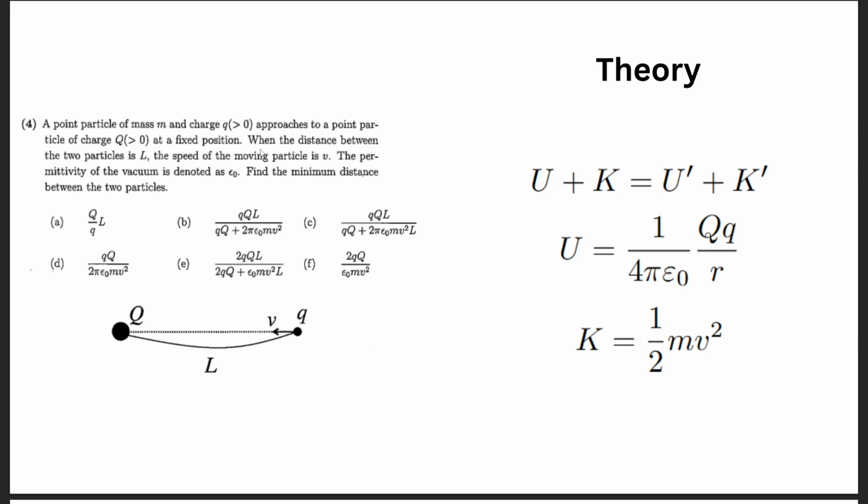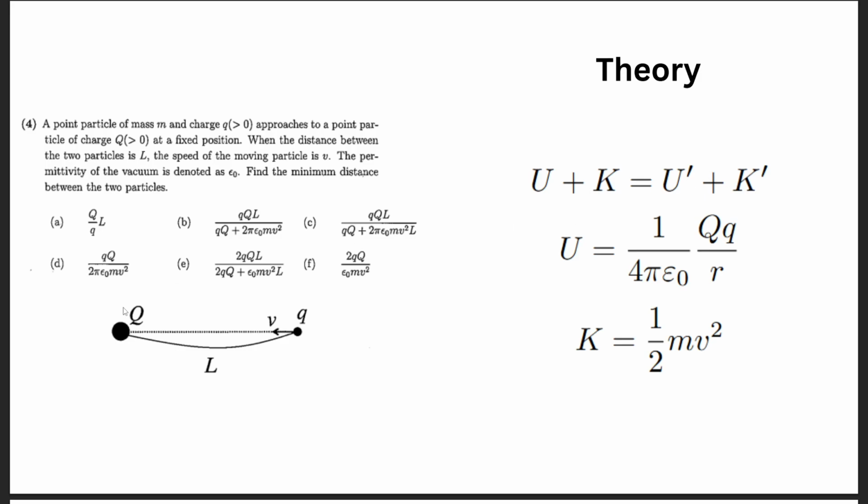So what you have to know for this problem is the conservation of mechanical energy, that is, the sum of the potential energy and kinetic energy before is equal to the potential energy plus the kinetic energy after. So the mechanical energy is always conserved.